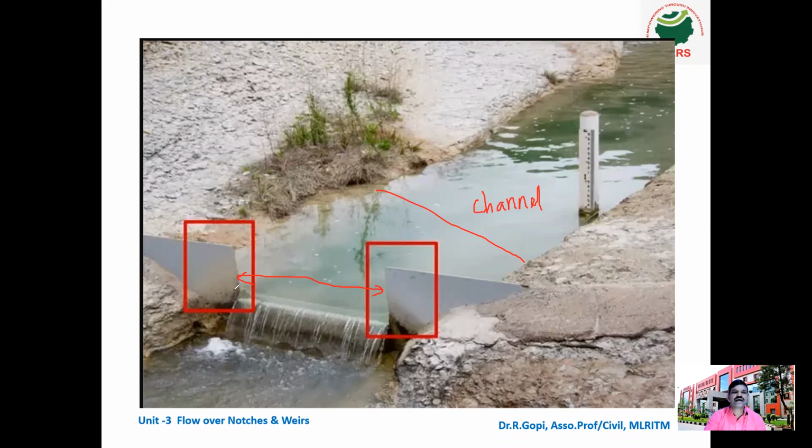So we are providing the end contraction. These two places are called end contractions, so we contract the length of the channel. This is an important 2 mark question, so you can draw the diagrams like this.